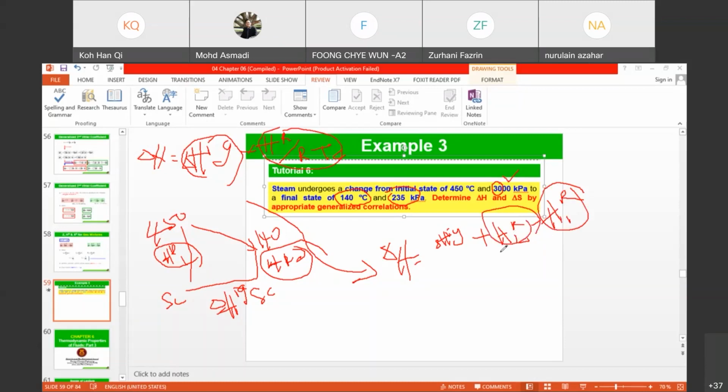If you look here, HRB stands for the residual enthalpy from the virial.